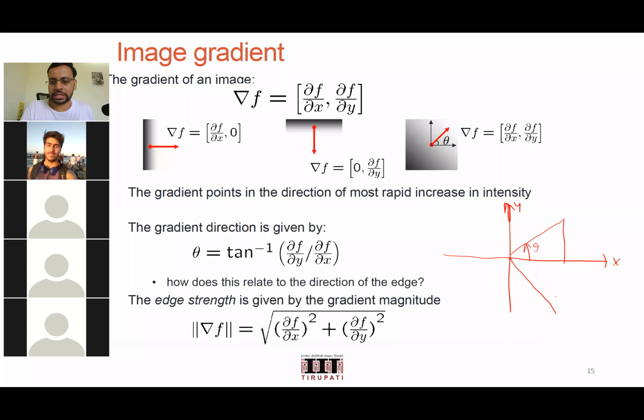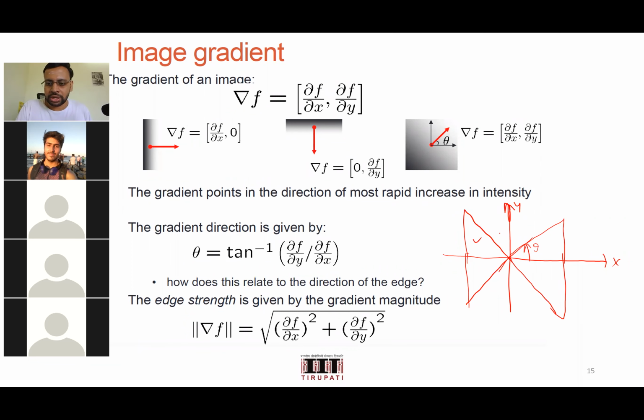Let me draw this also maybe. I assume that these are parallel lines, although I'm not drawing them exactly. So which case shall I consider? Let me consider a case where my x is negative, y is positive.